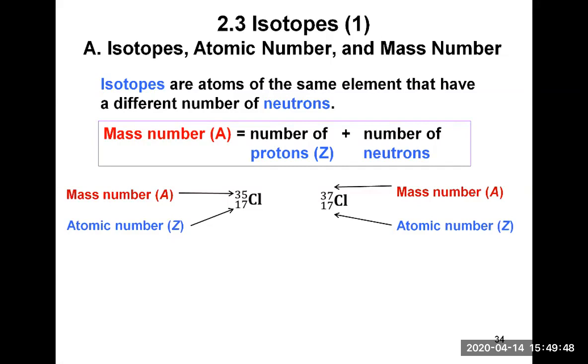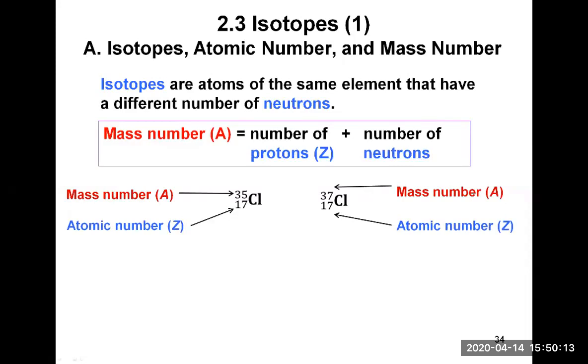So another way to call that isotope would be writing chlorine-35. So to go back to this notation of the isotope, chlorine 35 in the upper left corner and 17 in the lower left corner.